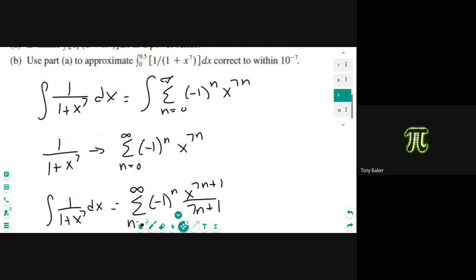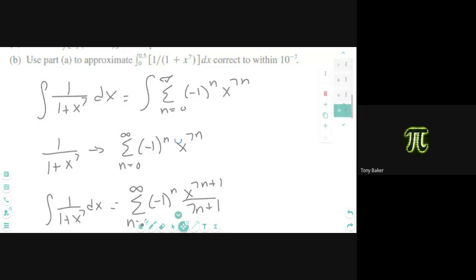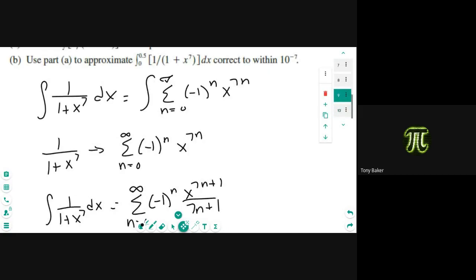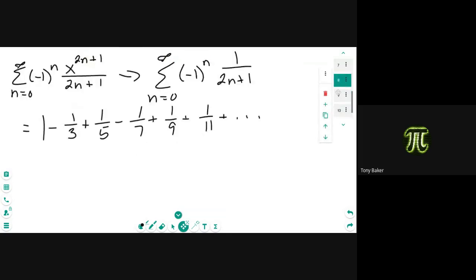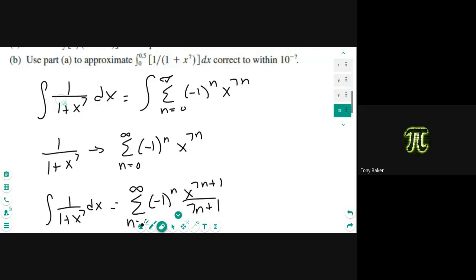All right. So the second part of this problem: we just plug in numbers so we get to, like, the 7th decimal point. They wanted this from 0 to 0.5, right?